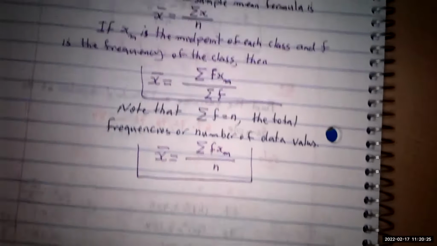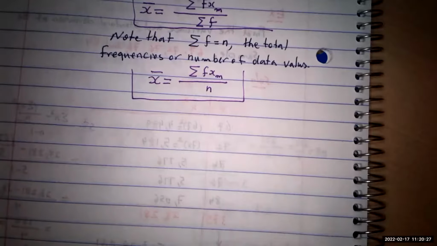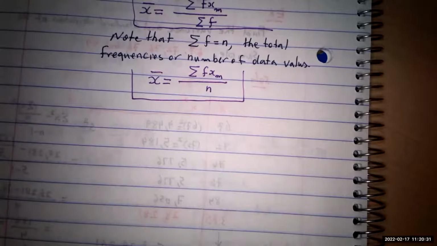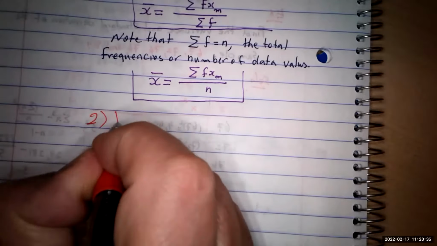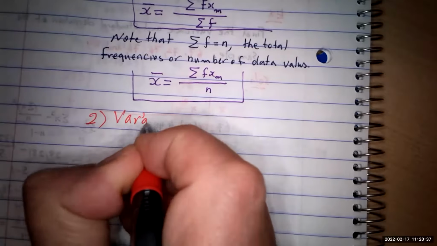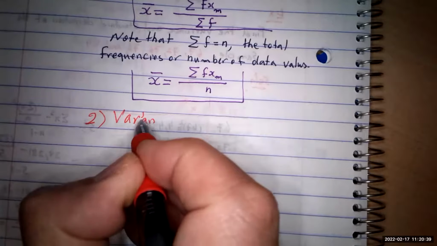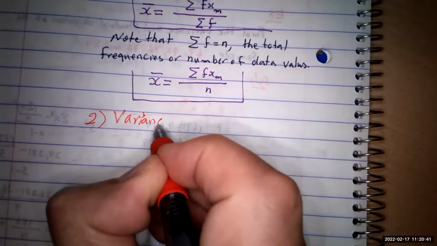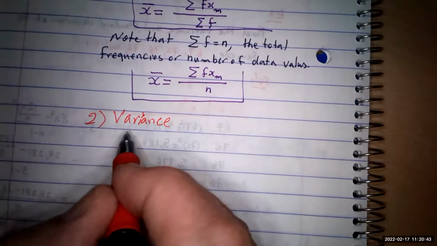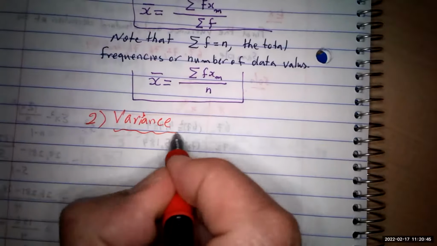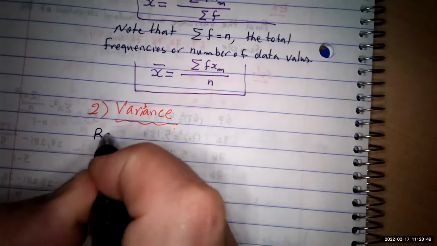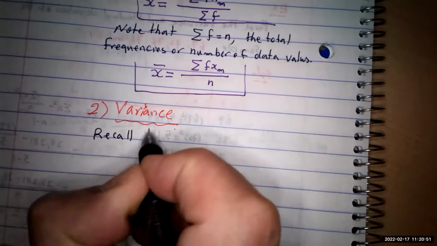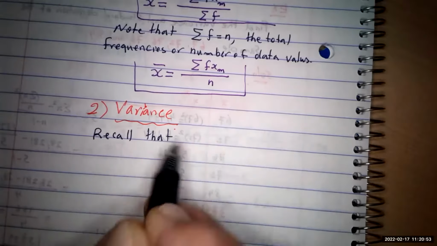So that's the formula for the mean. Now we can do the same thing for the variance and standard deviation. Variance first. What are we going to do for the variance? The same thing. Recall that I use the computing formula.